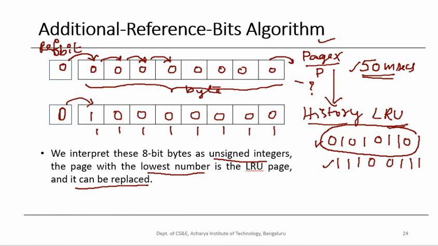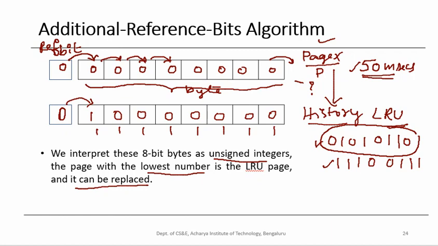So it acts like a right shift register, and we maintain the history of accesses made to that page consecutively for 8 time periods, which could be anything. In this case we have taken it as 50 milliseconds.